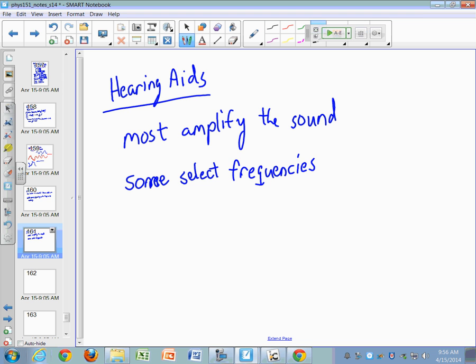And now there are actually cochlear implants, and these work a lot differently from hearing aids. If you get a problem with your cochlea, then you're actually not sending signals to the brain, and there's really no hearing aid that's going to affect that, because no matter how much sound you send into the ear, it's just not going to send that electrical signal to the brain. So what the cochlear implant does is it detects sound that's coming into your ear, and then it transfers that into an electrical signal.